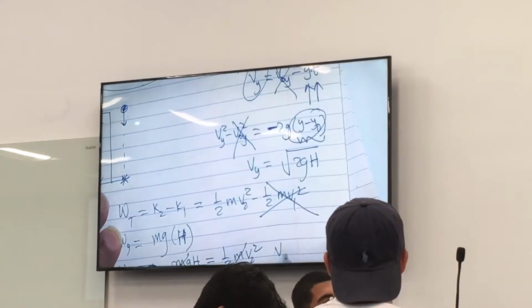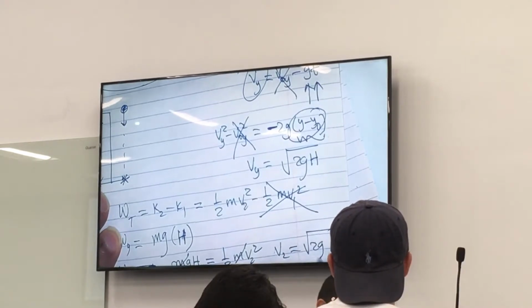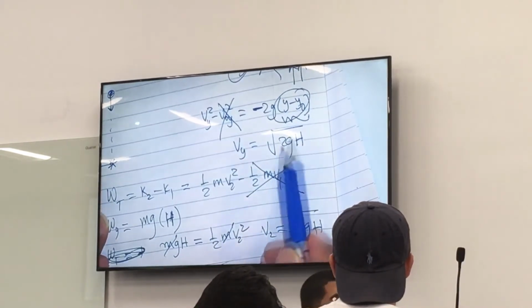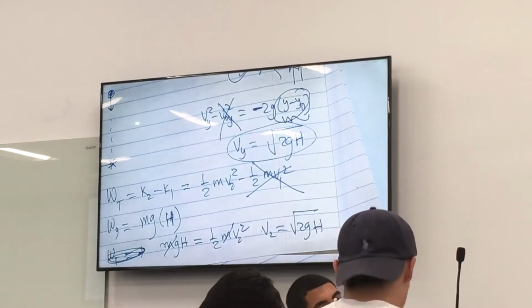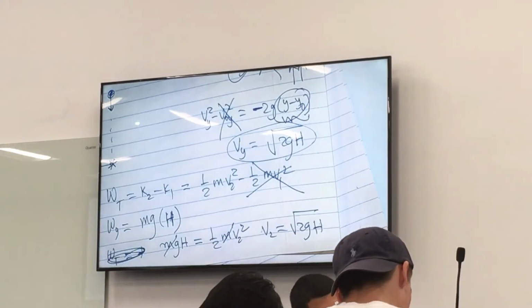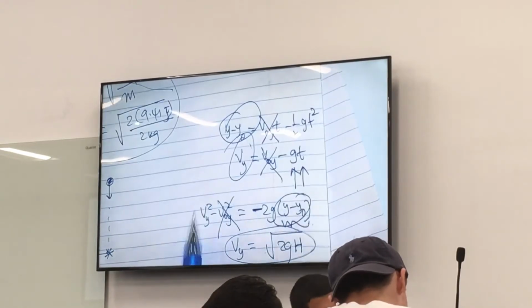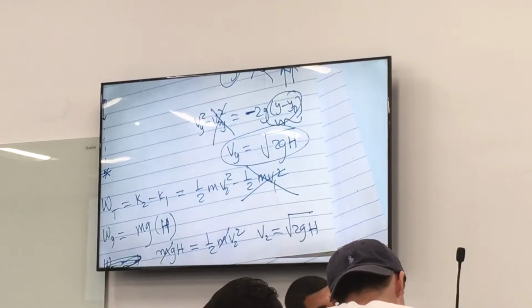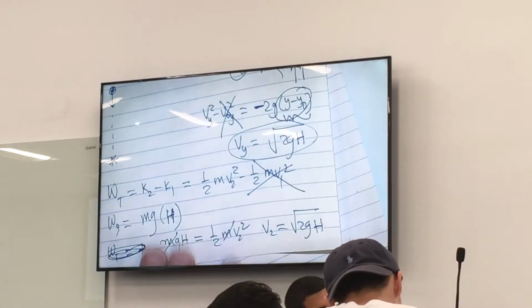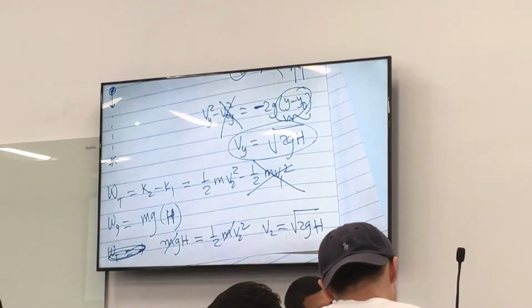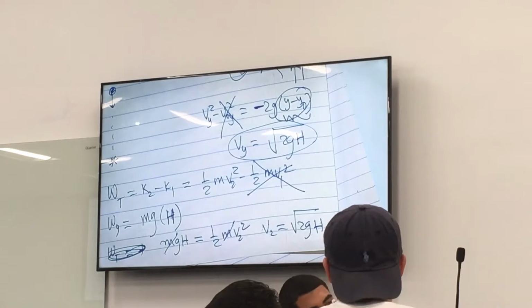So v2 is the square root of 2gh. Does that match with this? It's the same thing. We actually started this work analysis from here, so no wonder it gives you the same result. You don't need to know the mass. If you know the mass, you can multiply and calculate, but it's really simple.